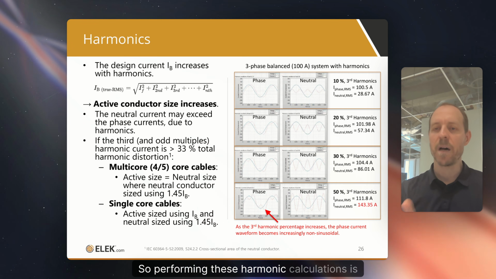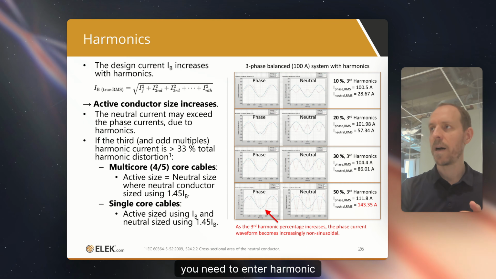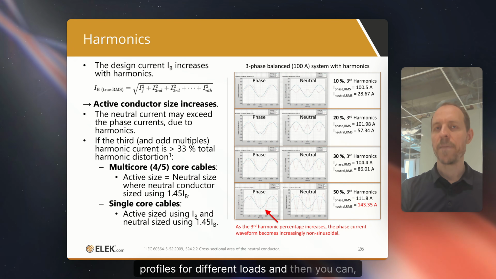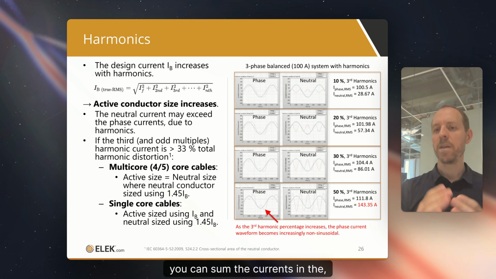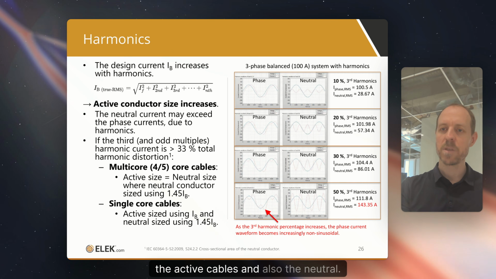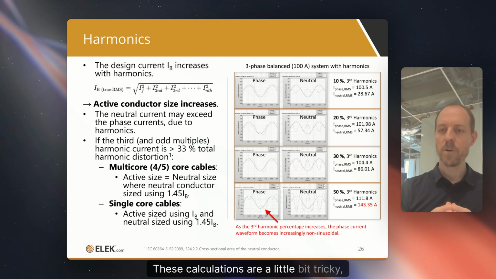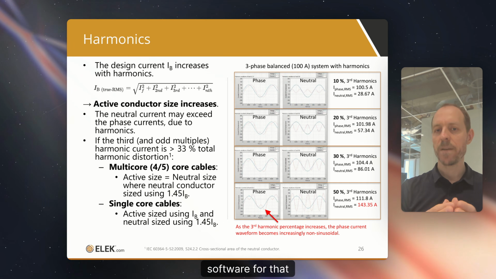To perform these harmonic calculations, you need to enter harmonic profiles for different loads, and then you can sum the currents in the active cables and also the neutral. These calculations are a little bit tricky, a little bit involved. You need to use software for that.